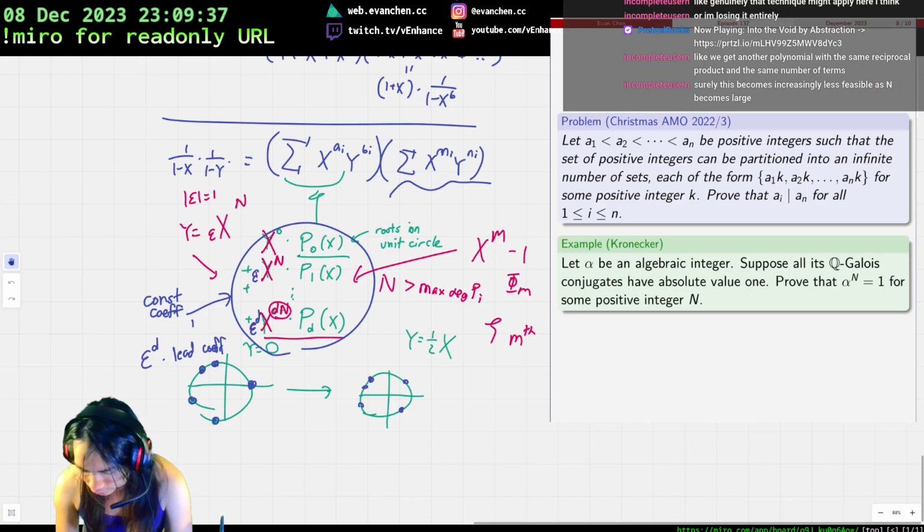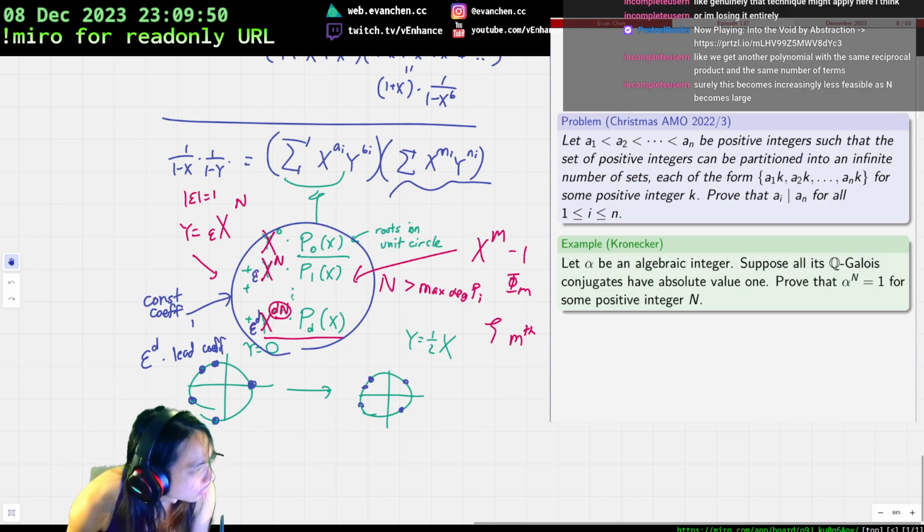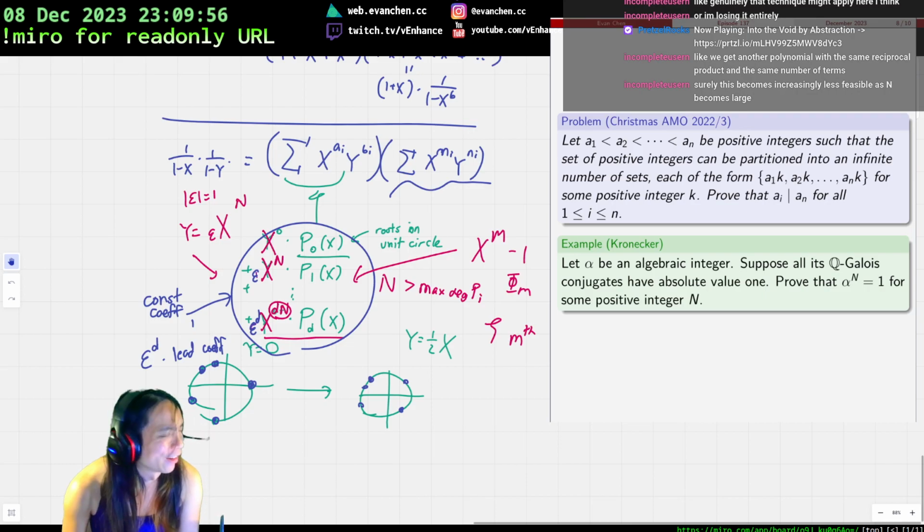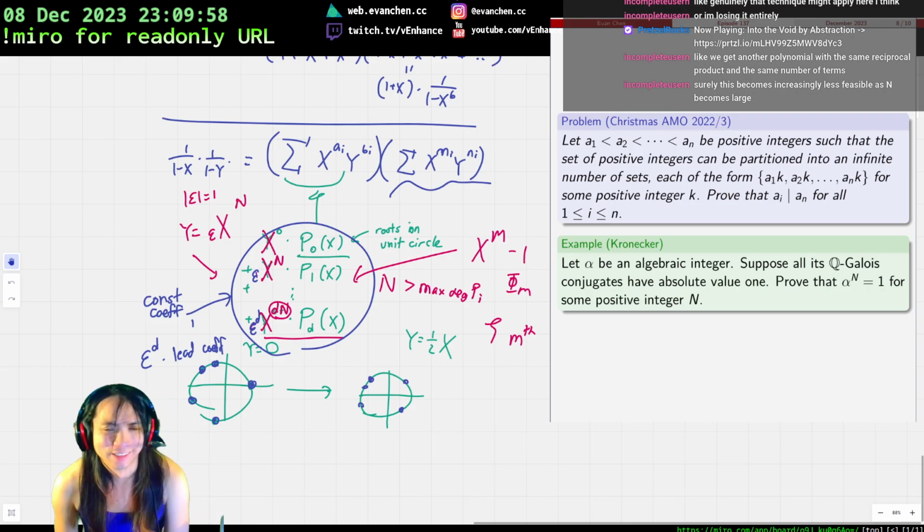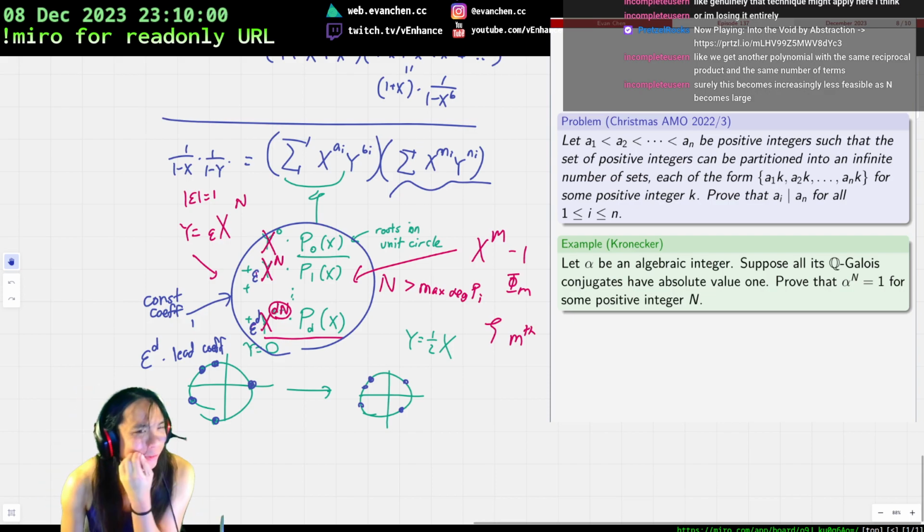I think this can be used to show that if I pick a large... I'm not sure where I'm going with this. I can feel that I'm quite close to the solution, but I'm not sure I'm actually going to be able to finish it.